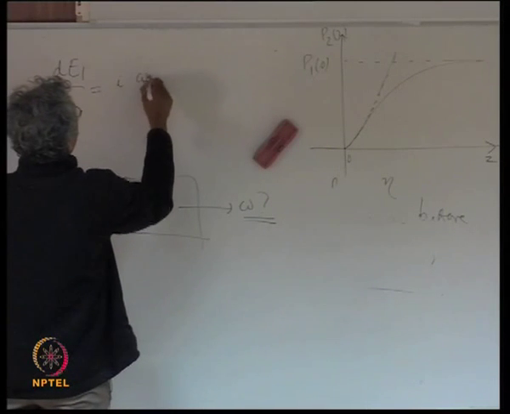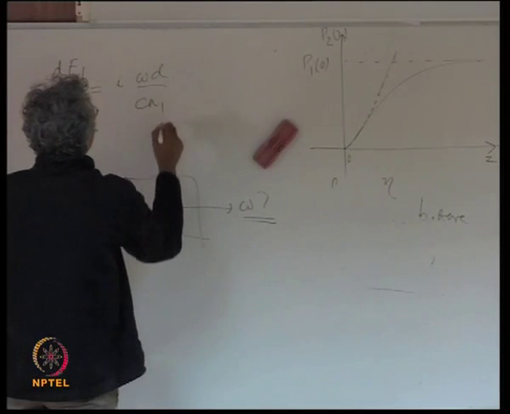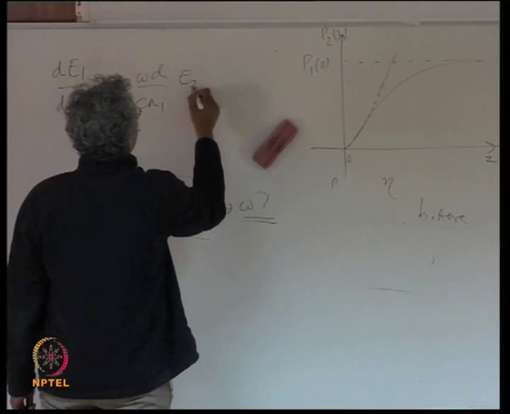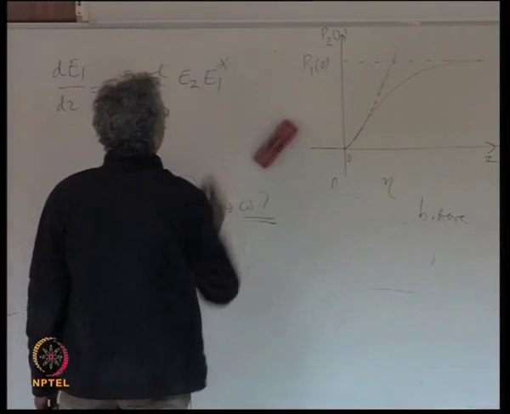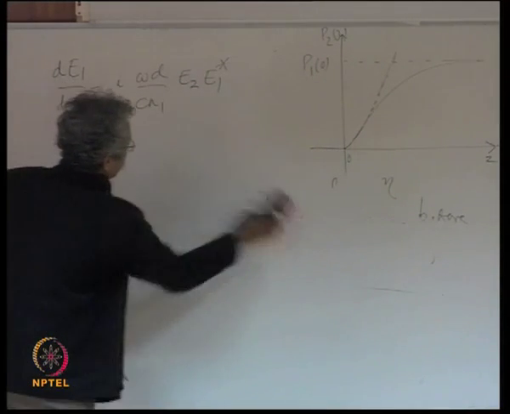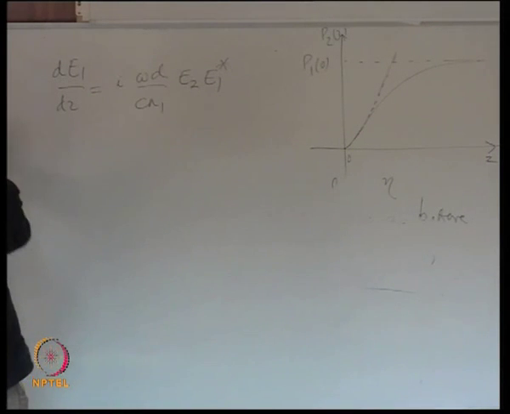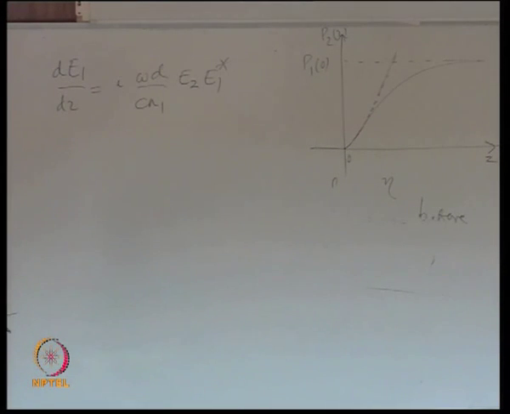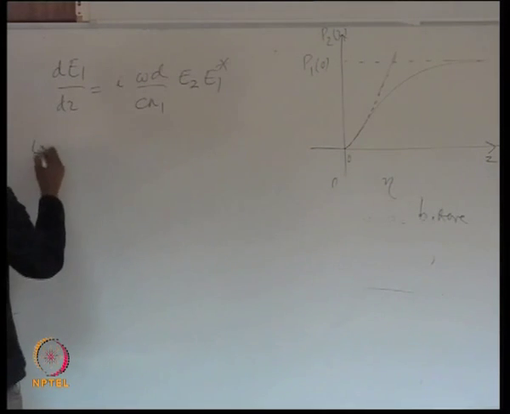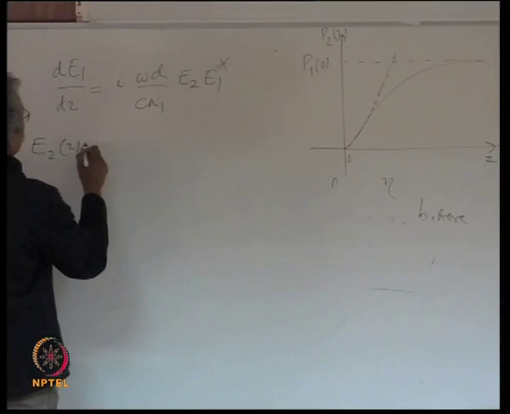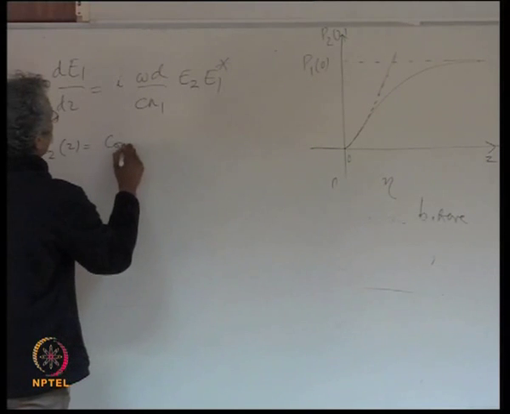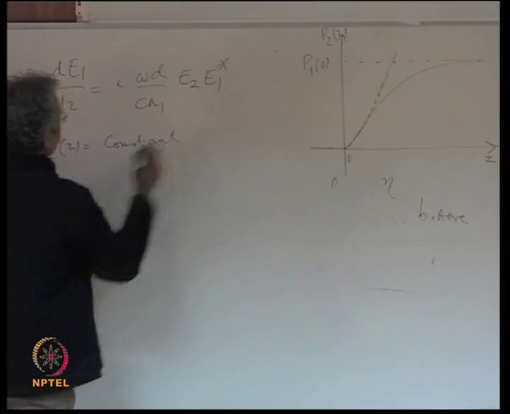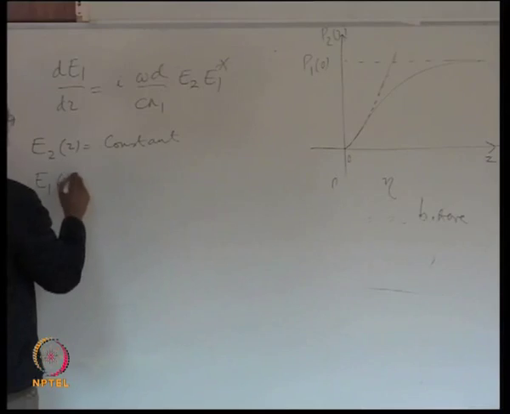I omega d by Cn1, with the condition that E2 of z is constant and E1 of 0 is 0.